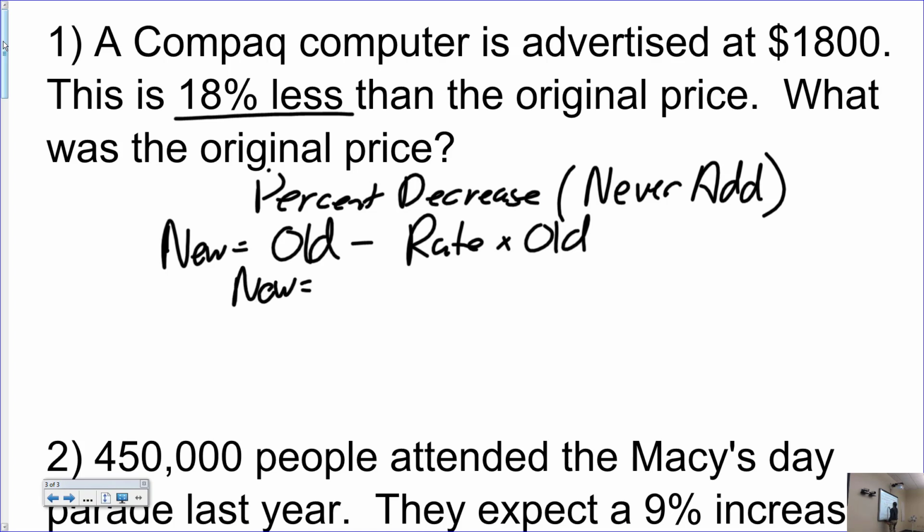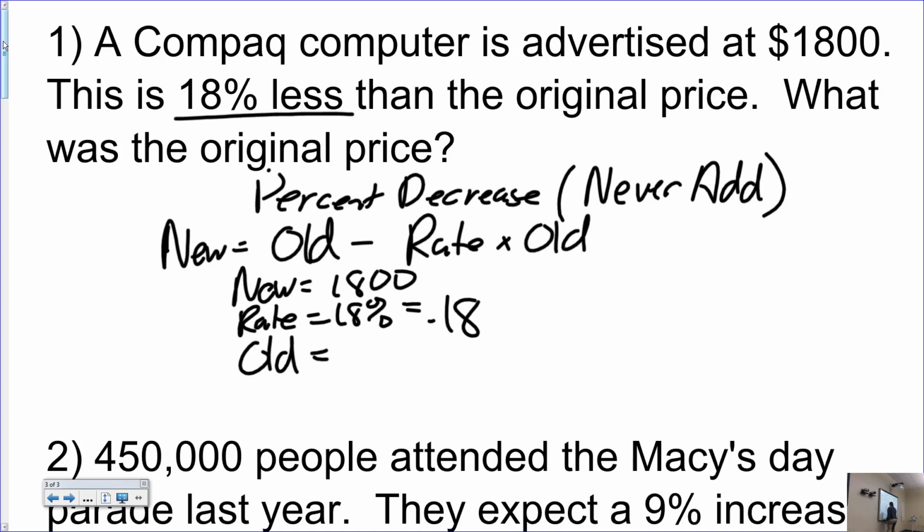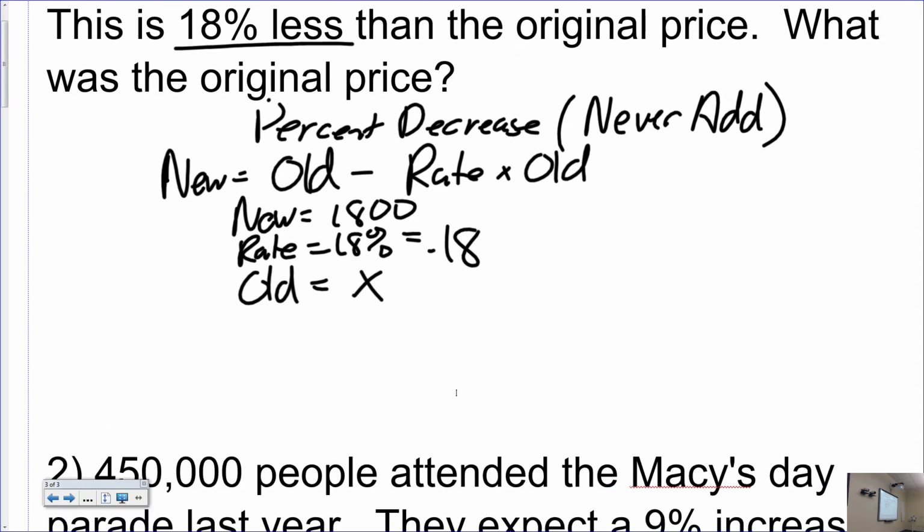New is the $1,800. The rate is 18%, and again, write it as its decimal. And so old is going to be X. Now you can just throw those things in there.